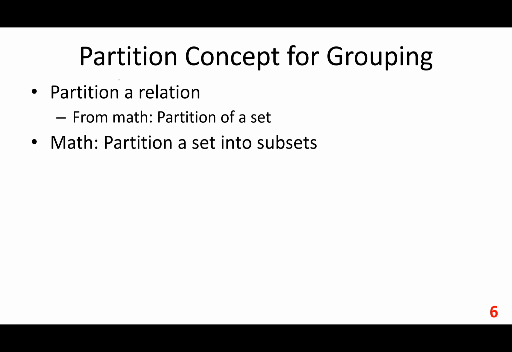In math, to partition a set into subsets, we need to have the following conditions. First condition, covering the whole set. Then we can call it a partition. All those subgroups, if you put together, you do not miss any element in the set.